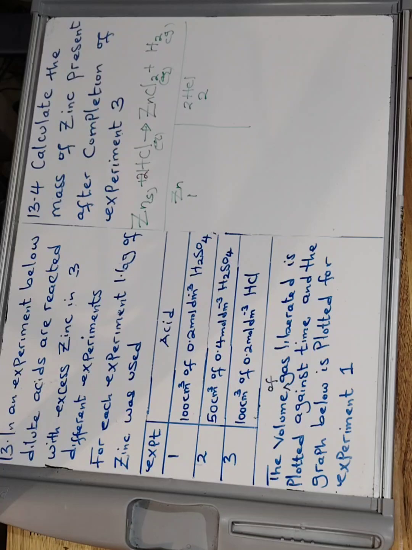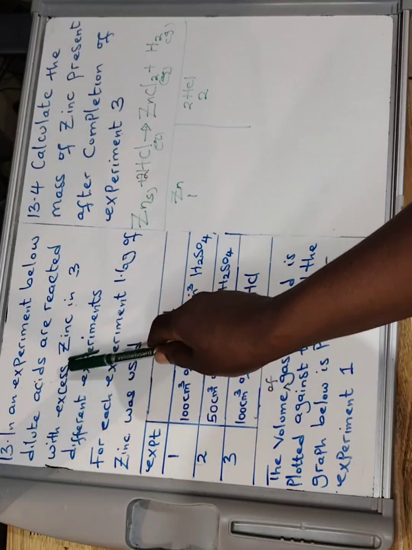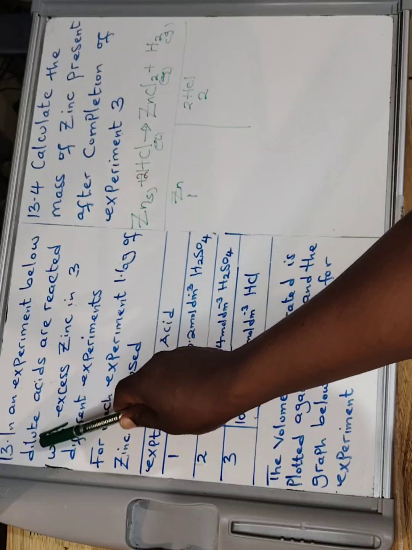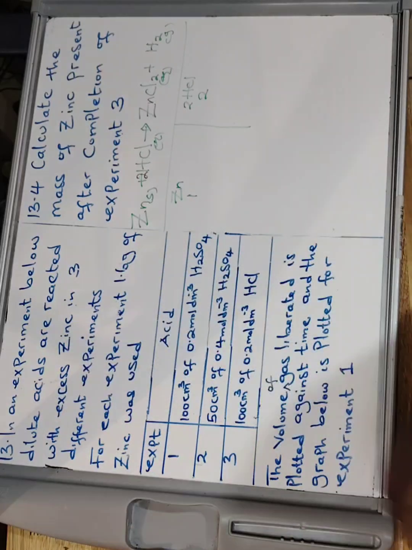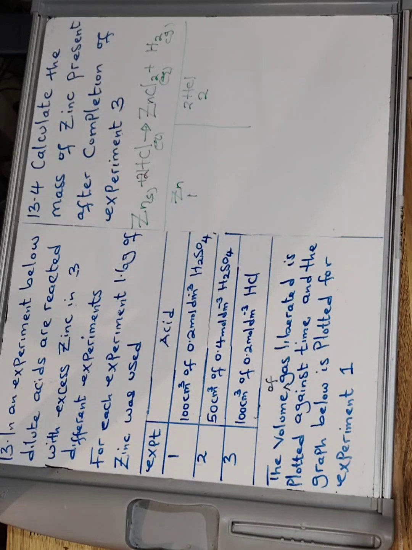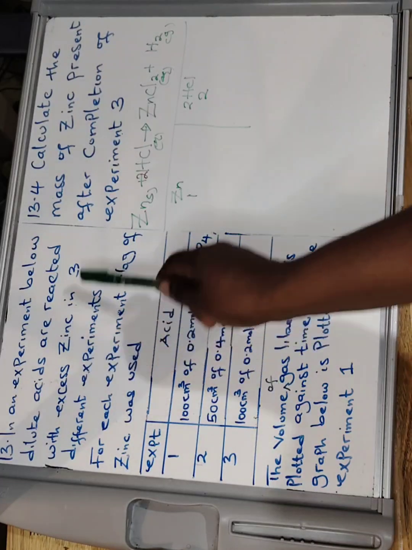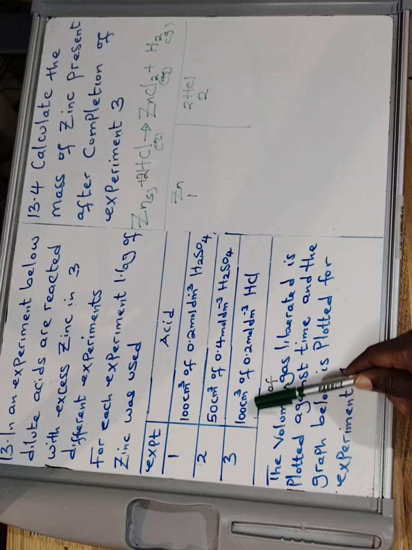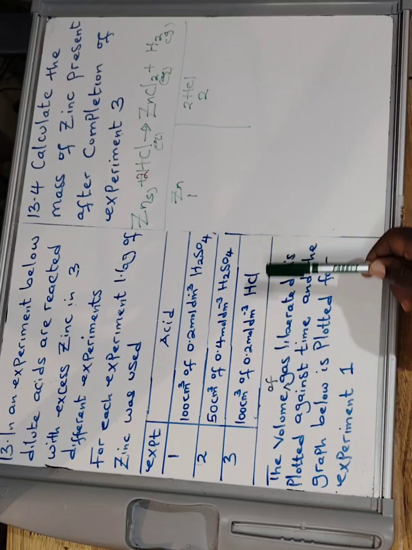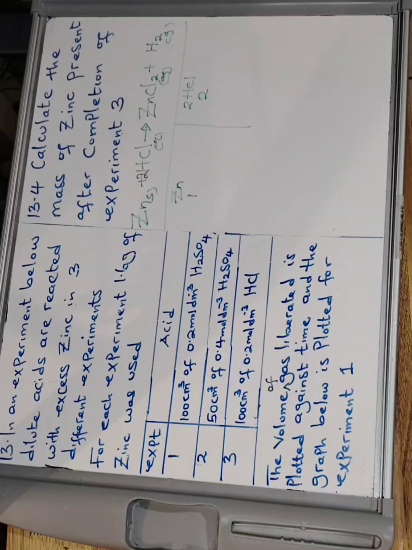When you look at this case, they told us that zinc was in excess, so not all zinc was used up. You can get it from here: the acid is reacted with excess zinc. Which means that we don't know how much zinc reacted. But knowing that zinc is not the limiting reagent, we are absolutely clear that hydrochloric acid is the limiting reagent.